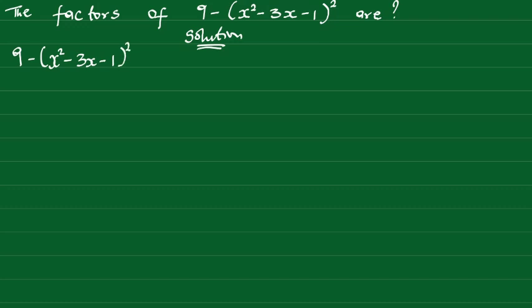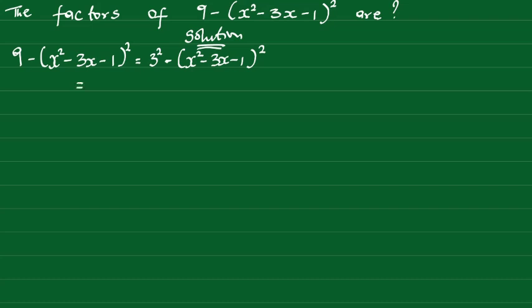Now, we take note of the fact that our expression resembles the difference of two squares expression. Hence, we proceed as follows. 9 is the same thing as 3 squared. So I have 3 squared minus (x squared minus 3x minus 1) all squared.